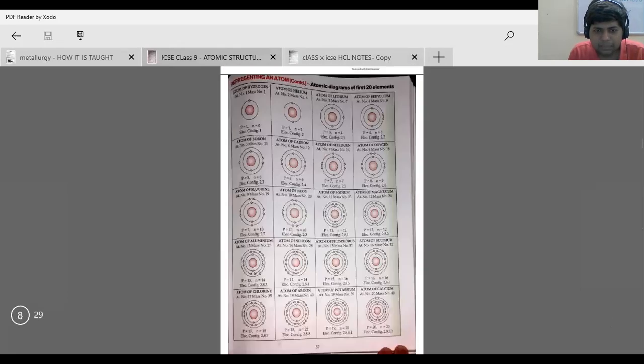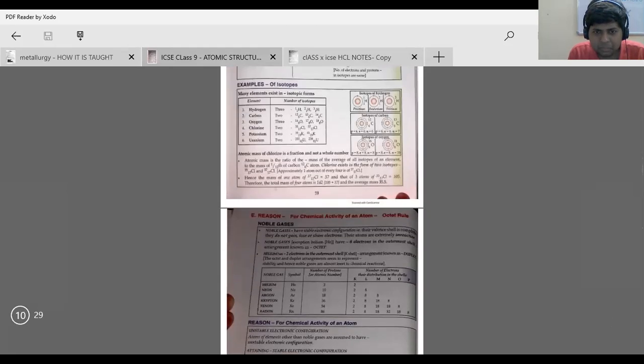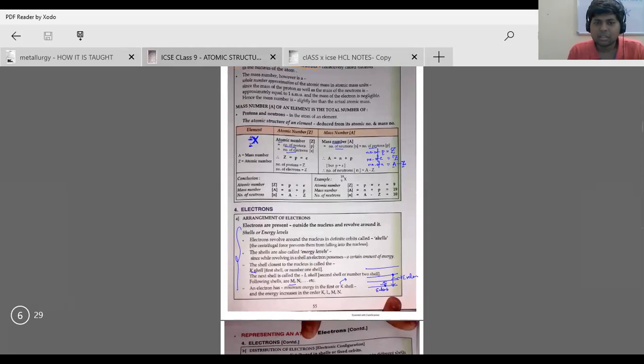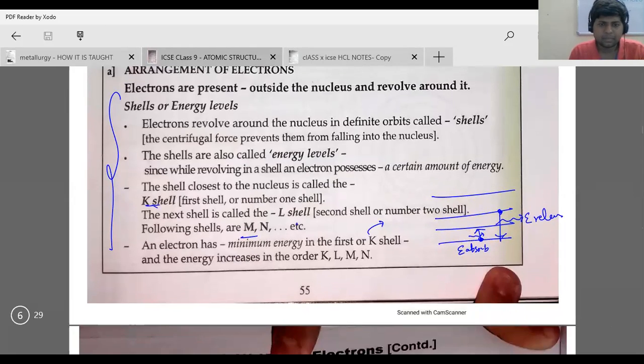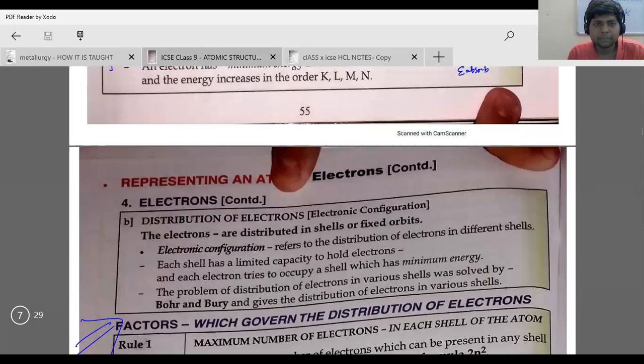Where did we discuss till? I think we completed, right? No, we had discussed till this distribution of electrons, arrangement of electrons, right? Sir, you told some parts to give that atomic number and mass number parts.